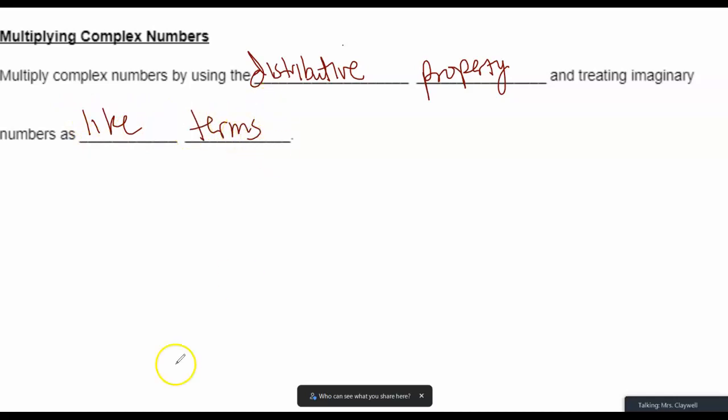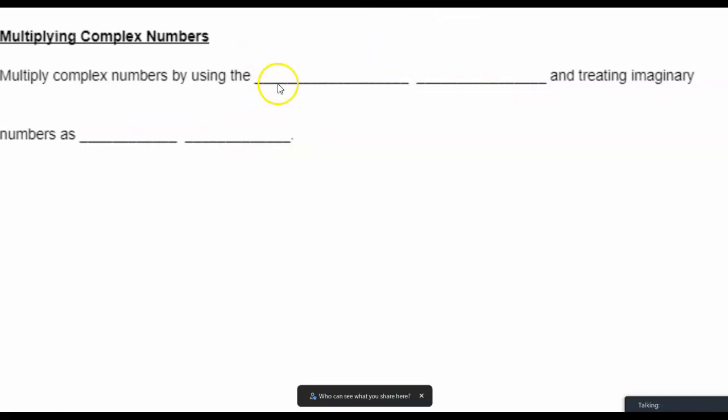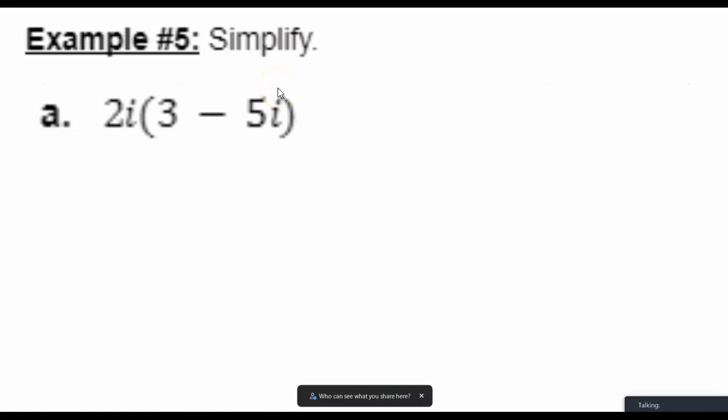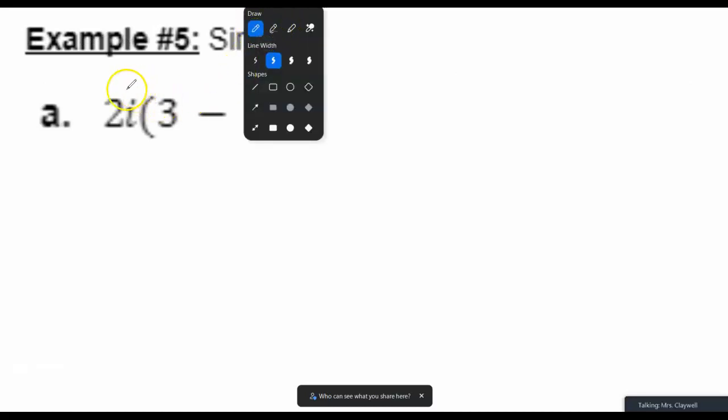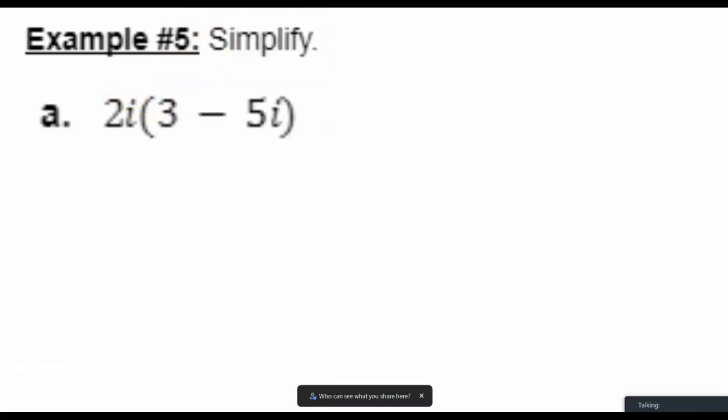Basically it's really similar to x's still, except now I have to do something with my exponents. 6i minus 10i squared.